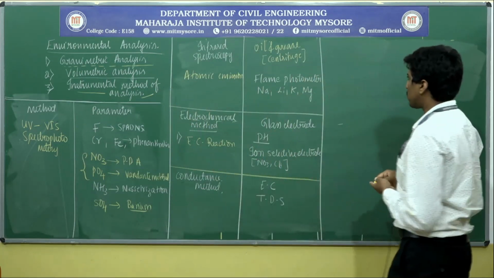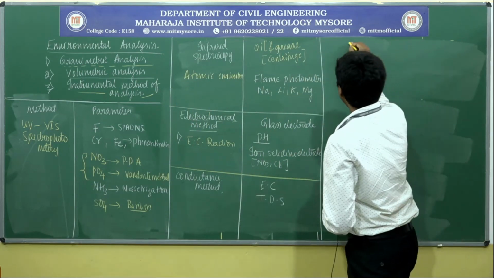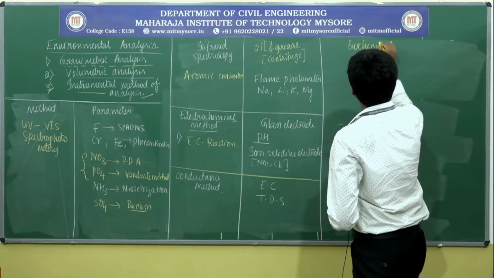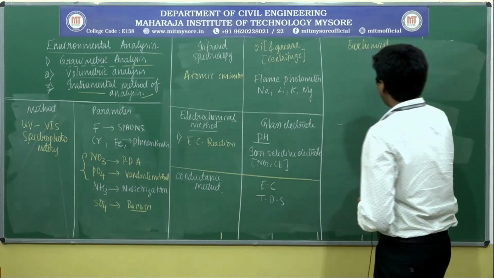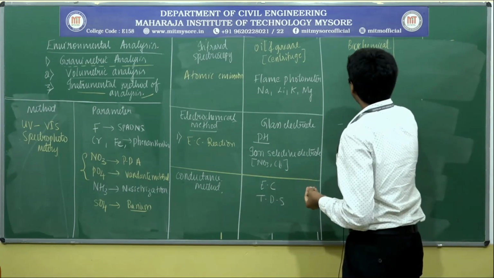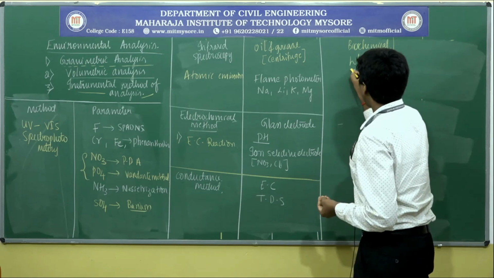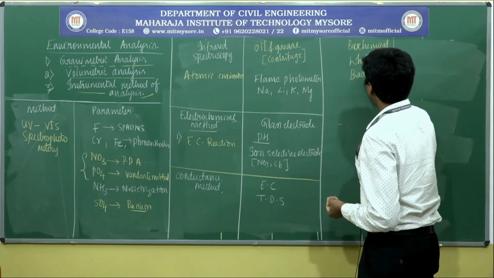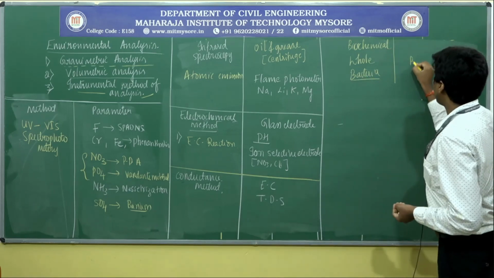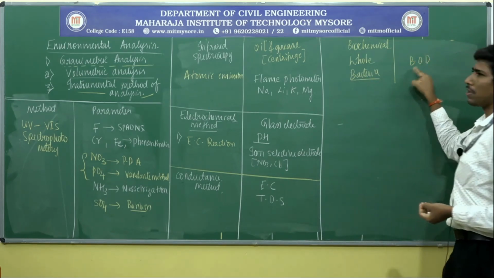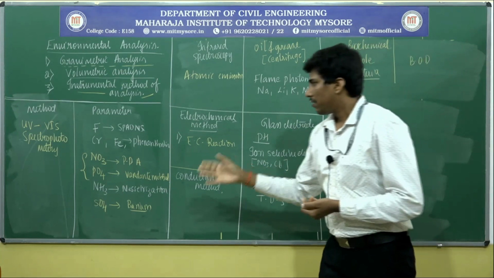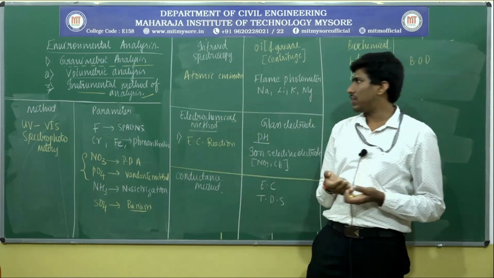The last two I wanted to explain here, first is the biochemical method. This biochemical method is one set of conditions where a series of biological reactions takes place. For example, you need to determine bacteria as a driving factor. Mainly you go for determining the biochemical oxygen demand, where you come across standardized DO determination.